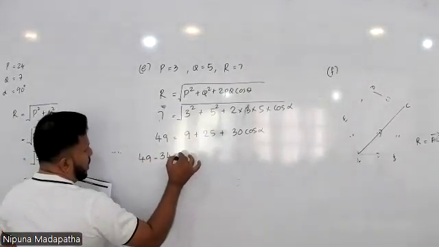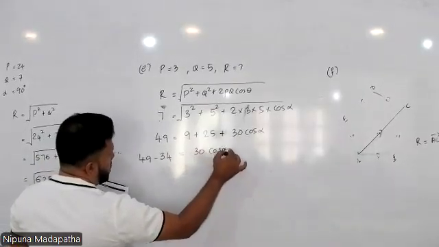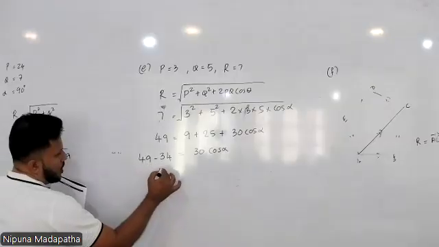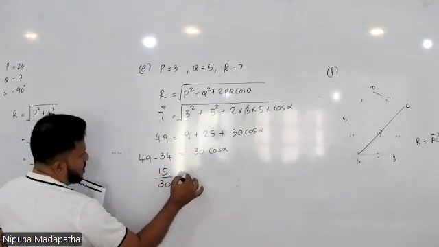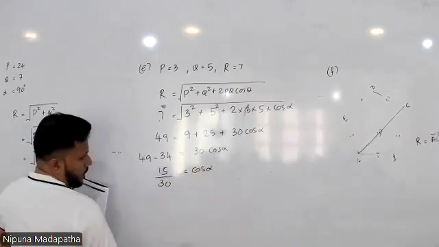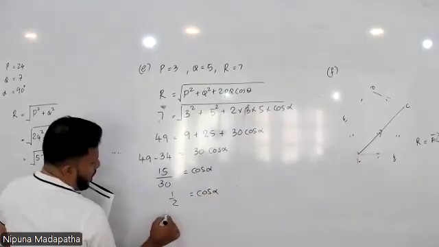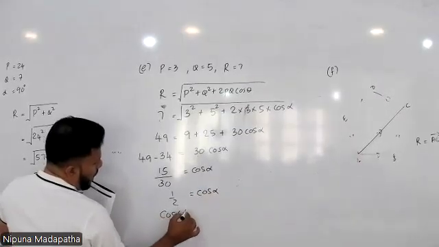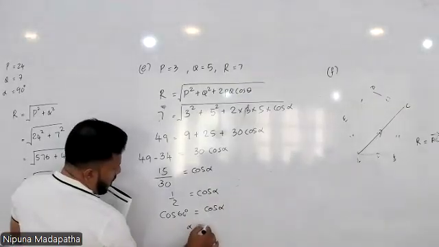So 49 minus 34 equals 30 cos alpha, which is 15. 15 divided by 30 is cos alpha, so this is half. Cos alpha is half when angle alpha is 60.